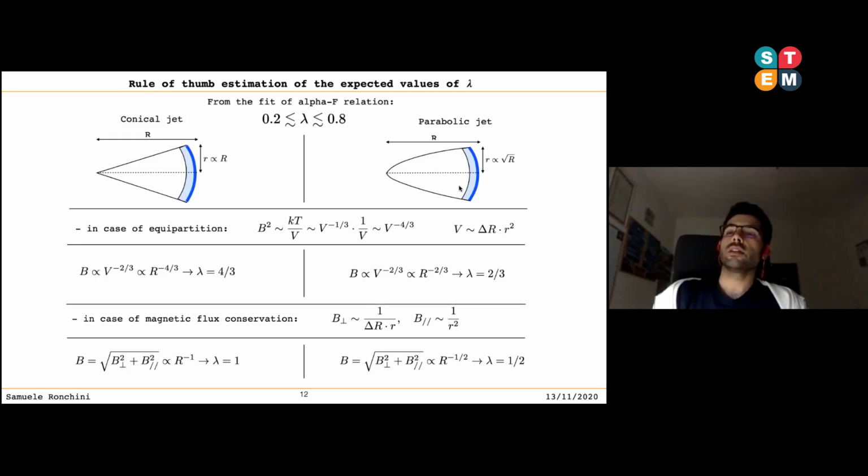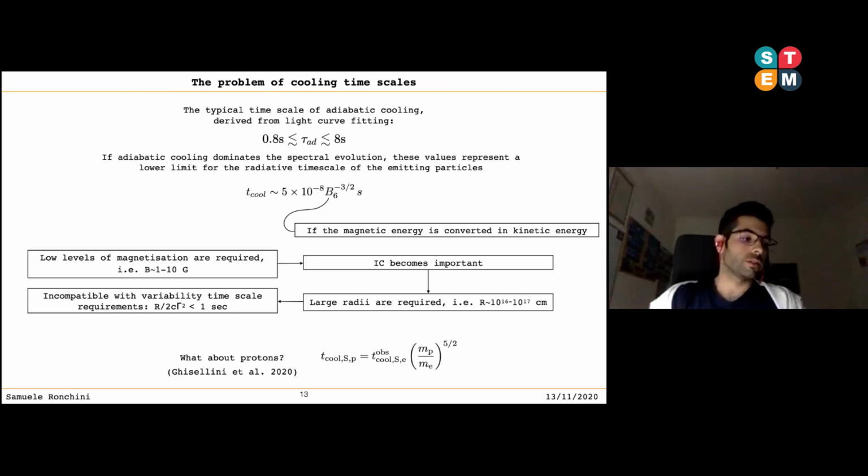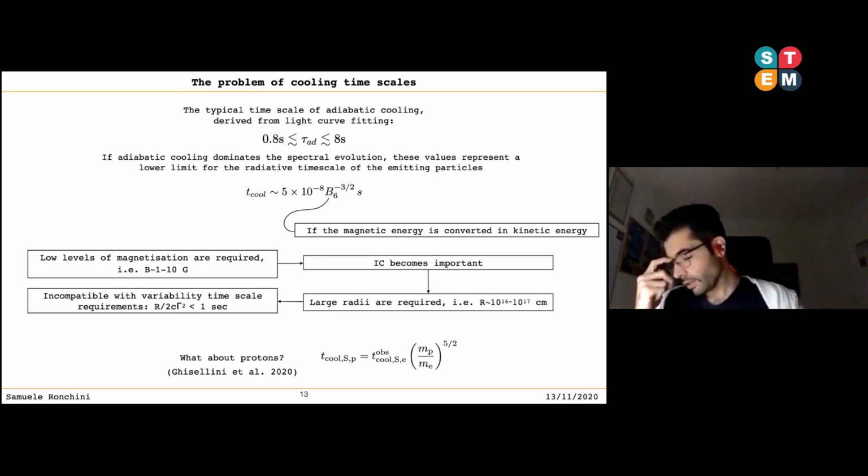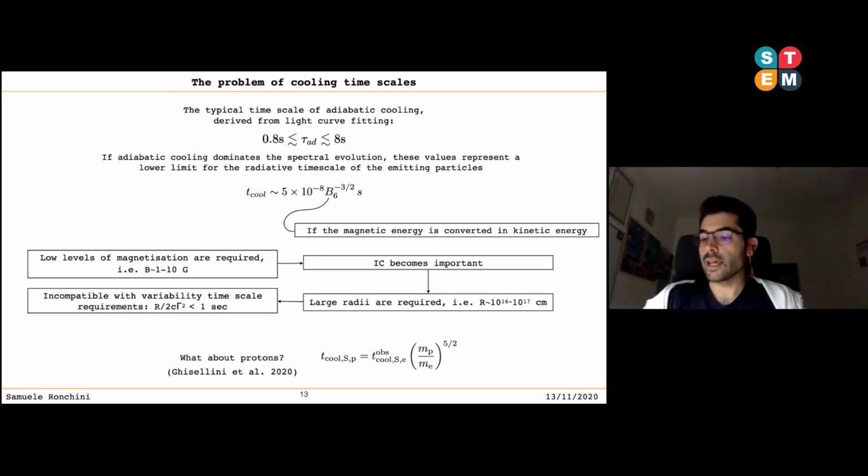Then another very important remark about our results concerns the problem of cooling timescales. We saw that adiabatic cooling can explain the spectral softening in the steep decay.